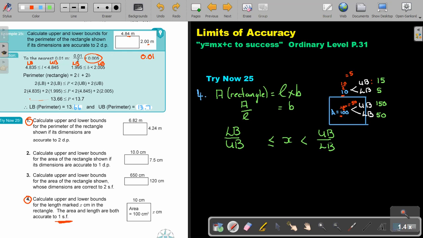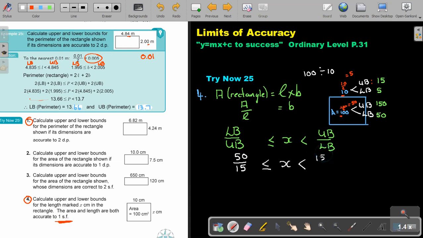And actually, every time, don't forget the original calculation. It's just 100 divided by 10. So this is the calculation. But now, what is the lower bound of 100? The lower bound of 100 is 50. What is the upper bound of 10? It's 15. Okay. And then what is the upper bound of 100?